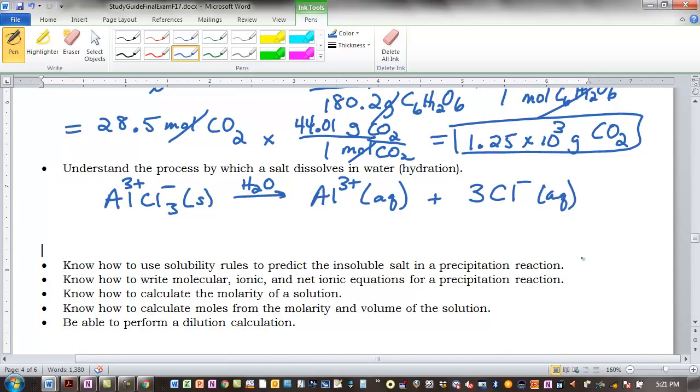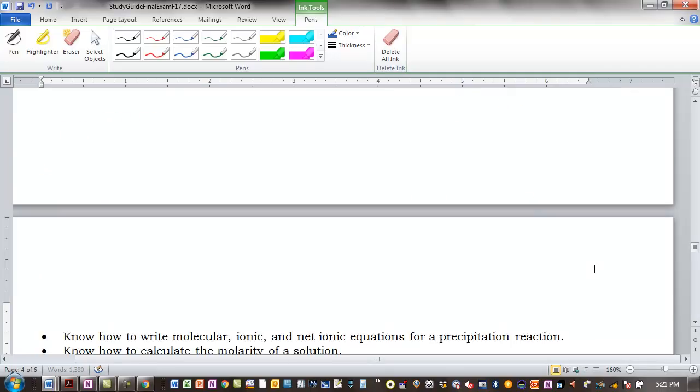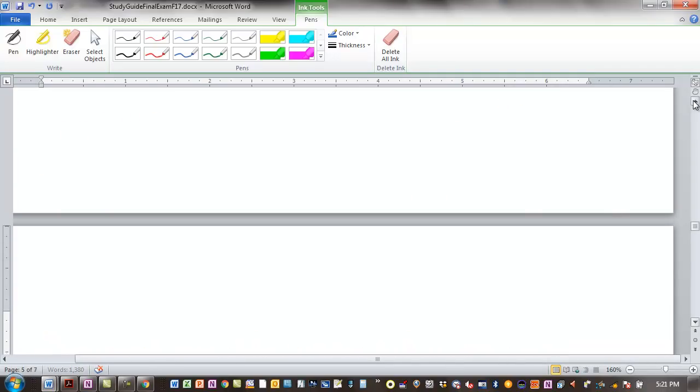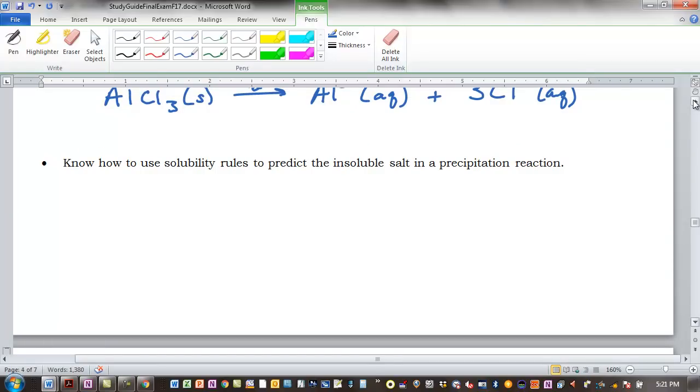So let me give you a couple of examples. So let me just list a few salts, and then we'll look at, we'll say, is it soluble or is it insoluble? So let's do something like that. Hang on.